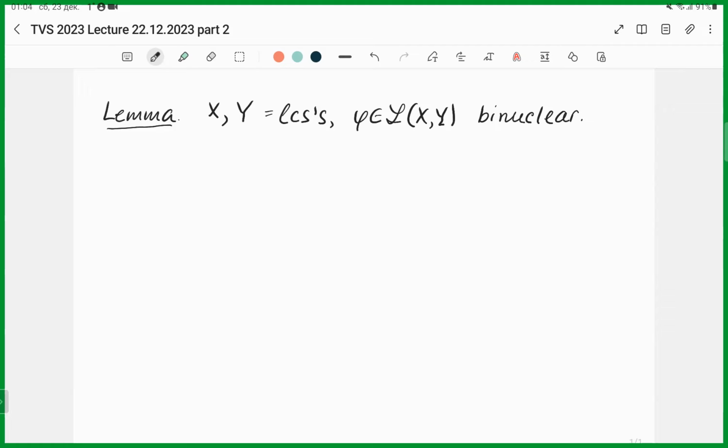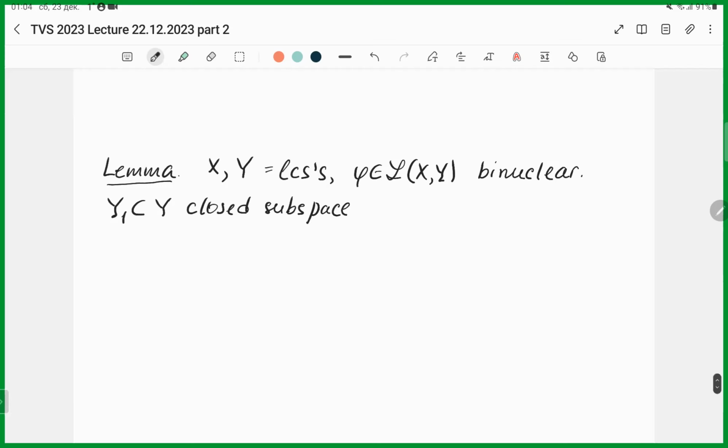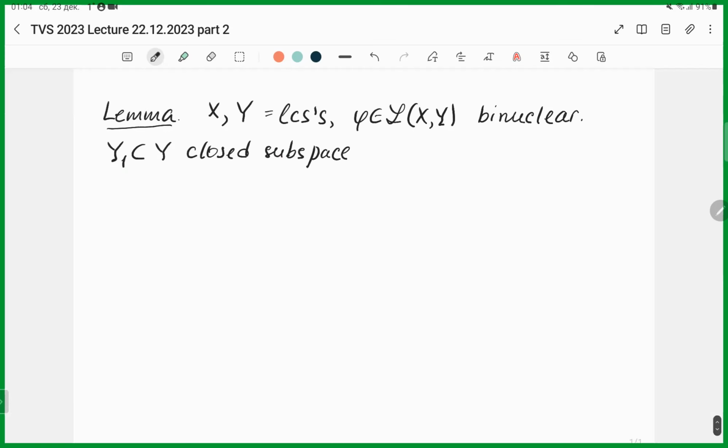The first operator acts from X to another space Z, and the second one acts from Z to Y. Also, suppose that Y1 is a closed vector subspace of Y, and assume that the range of phi is contained in Y1. Phi of X is contained in Y1. I claim that in this situation, phi will be a nuclear map from X to Y1.